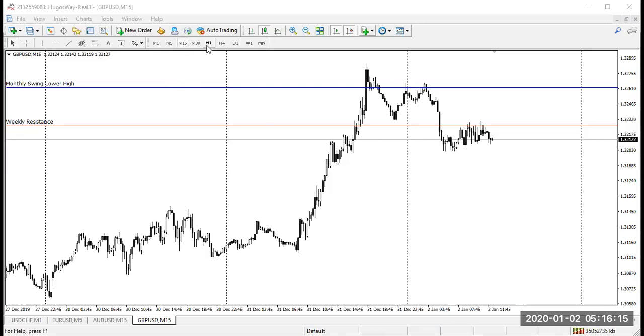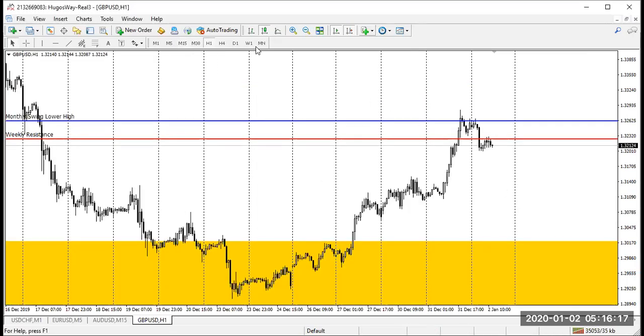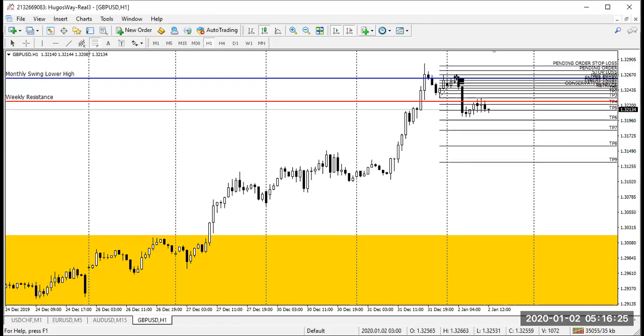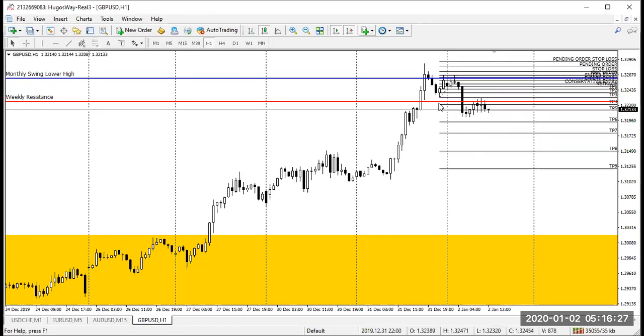Now that we're down here on the entry time frame, let's use the most recent critical swing that we can see here, which is going to be from here to here. Okay, so now we're looking at these potential target points.